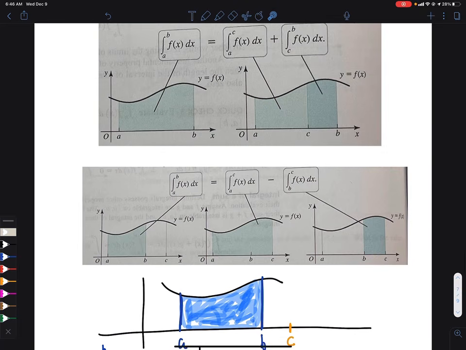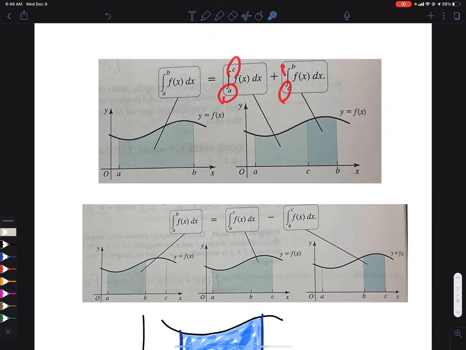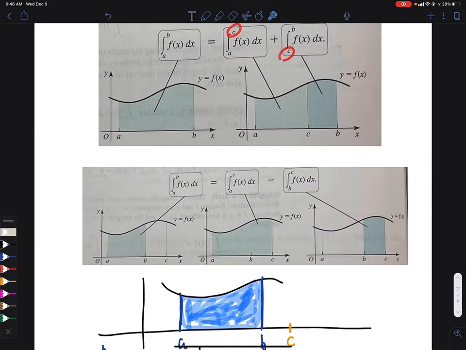This is the same formula we have up here. A to C, C to B. The key thing is these have to be the same, and then it's the equivalent from A to B.